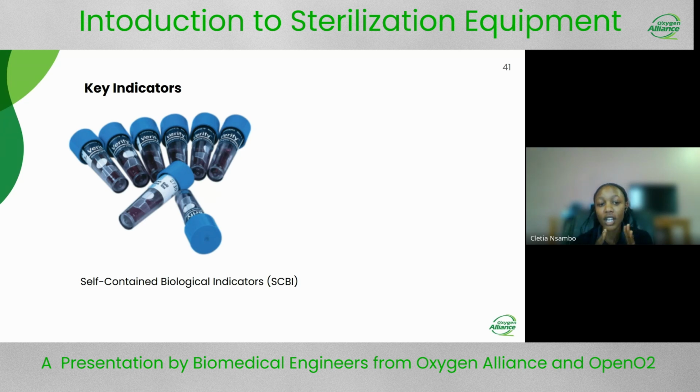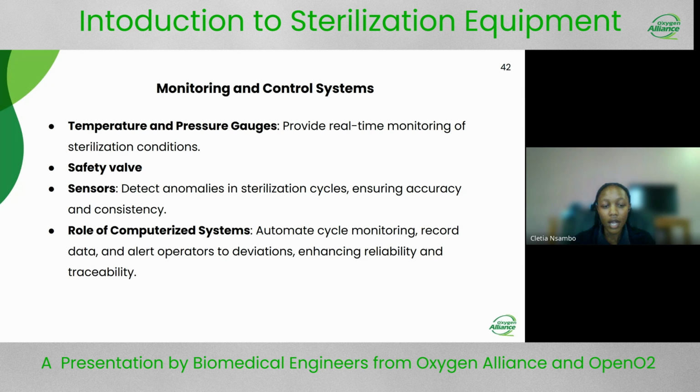And then finally, we'll look at the monitoring and control systems. As I mentioned, this is a crucial process. You might not have your conditions set right. So you need to have all the parameters set right, and then you need to monitor the whole process. So we have temperature and pressure gauges, which provide real-time monitoring of the sterilization conditions.